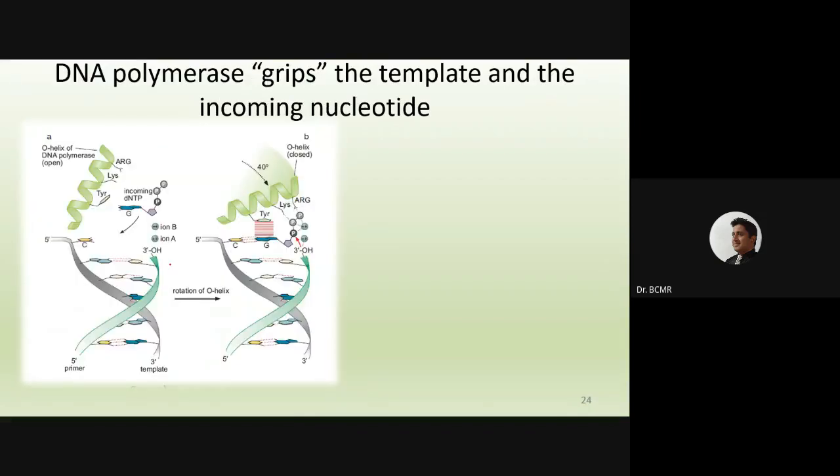So there are many other things. In the last discussion, we were in the last slides, I was telling you, if the base pairing is correct, there are some amino acid residues. You can see something like tyrosine, lysine, and arginine. There are many other amino acid residues within DNA polymerase that also function in it.